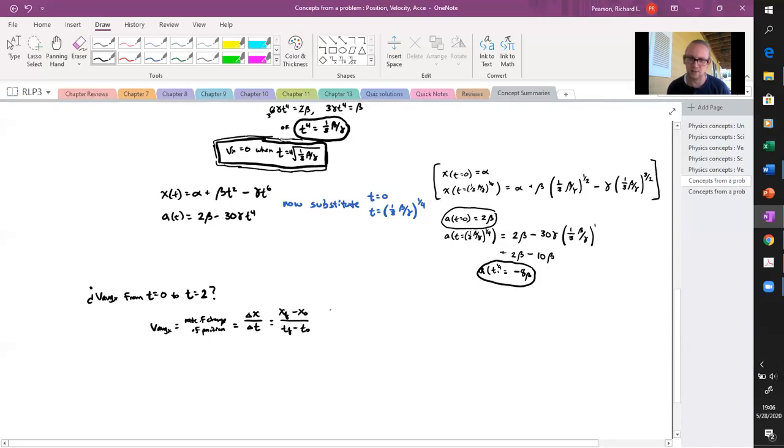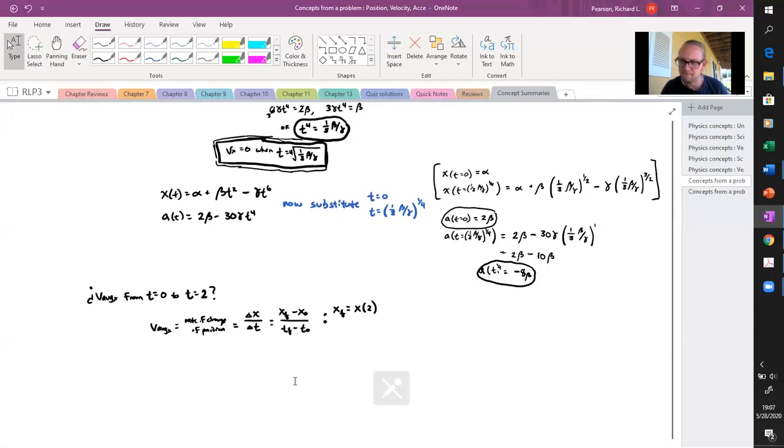So in this case, I'm just going to write this out first. What is our final x? Our final x is equal to an x evaluated at 2 seconds. And then that means we have an initial x at x equals 0.